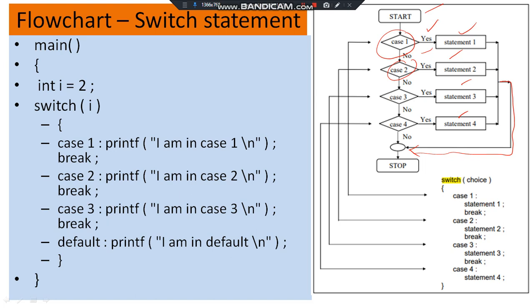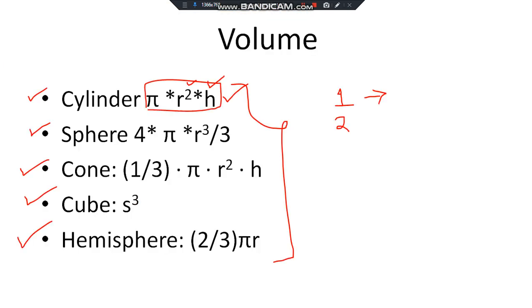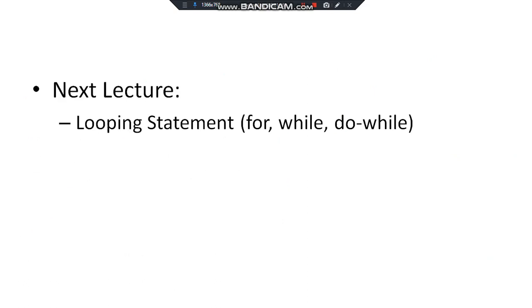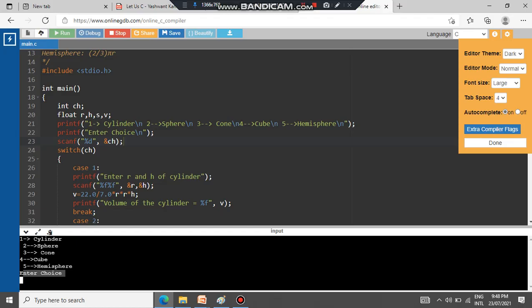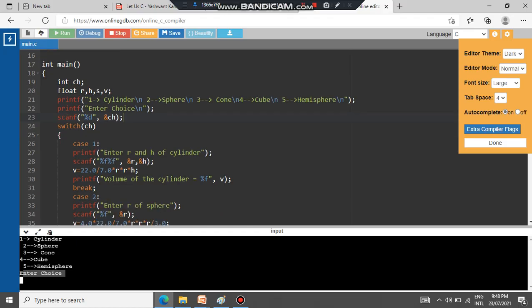Another thing is that if you want to implement the same volume program we have discussed by using if-else statement, it will be somewhat complicated, but still let us try to discuss the same program using if-else. Instead of using switch choice, I will now be using if-else statement.